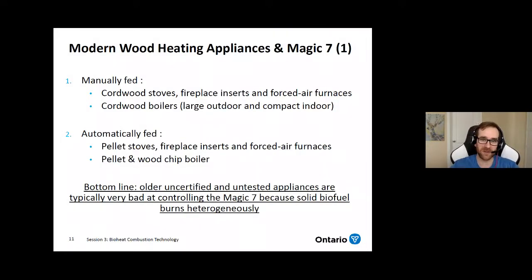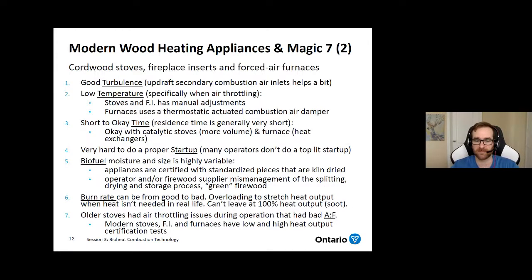So we're going to look at the stoves, fireplace inserts, forced air furnaces, and the boilers. Now we have a list of all the Magic 7 for the stoves, fireplace inserts, and forced air furnaces. Typically, the modern units would have that updraft secondary combustion air.